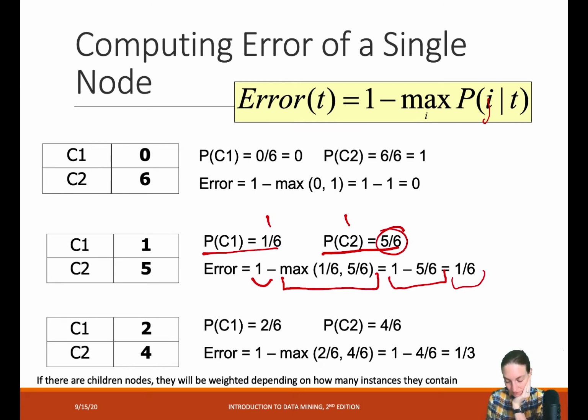Again, here the difference is a little bit lower, I'd say, but as usual, it has the lowest measure of impurity when it's clear which class we belong to, and here it will be a little bit less clear, so more impurity. Okay. So remember, these are actually the individual impurity measures like M1, M2, M3 from a few slides back, and they will be weighted depending on how many instances they contain.